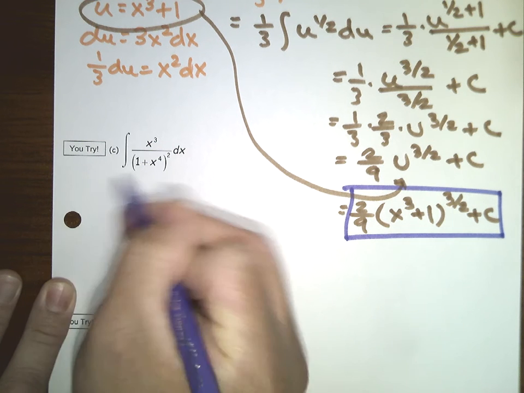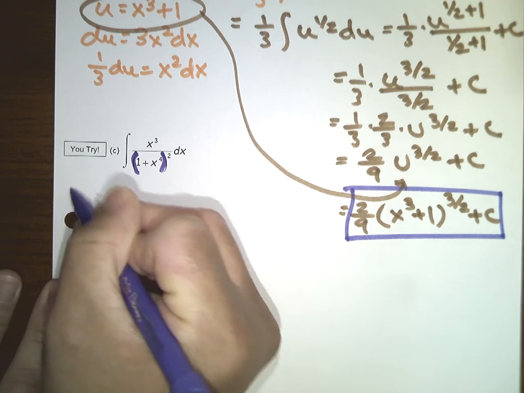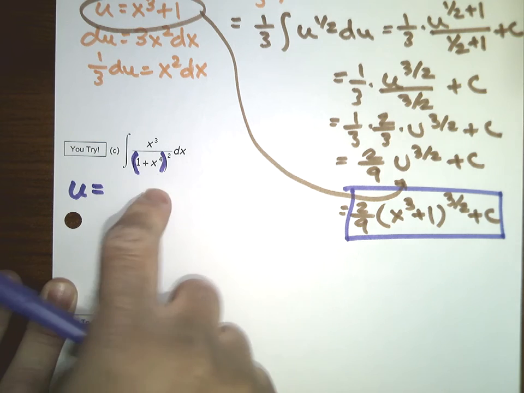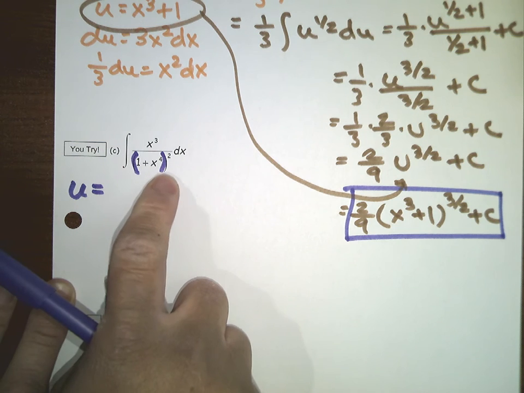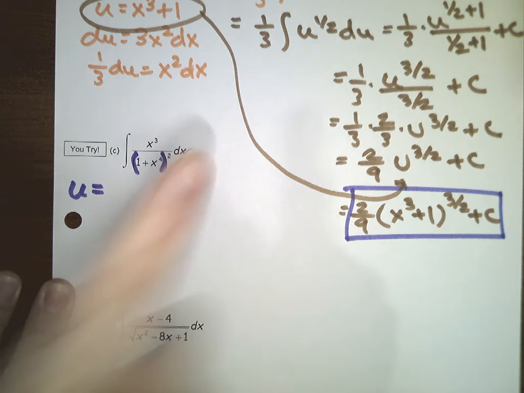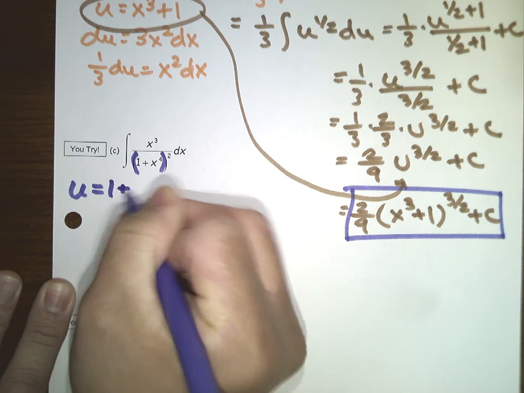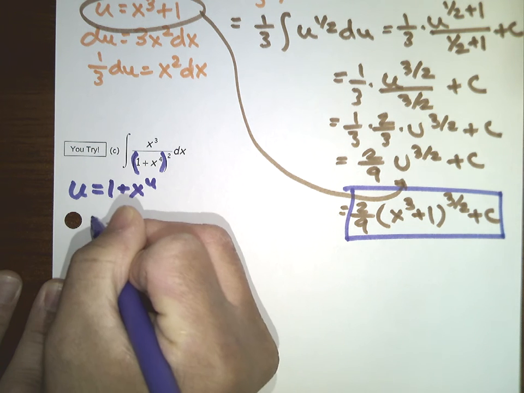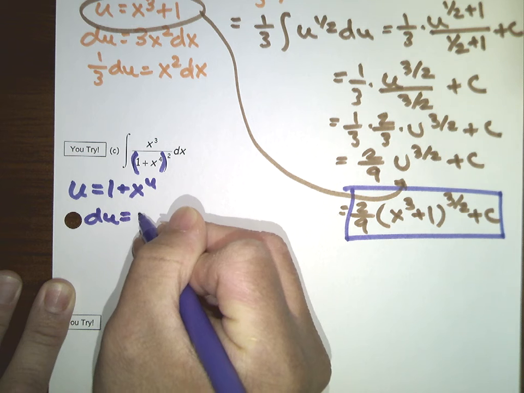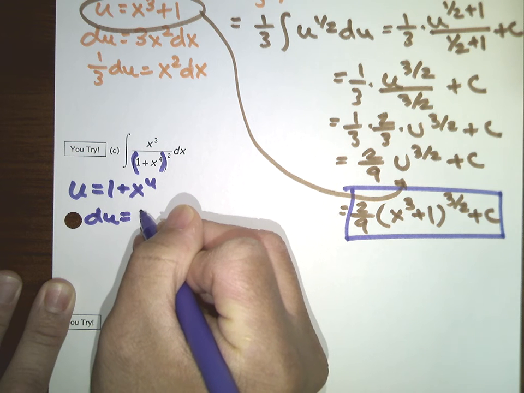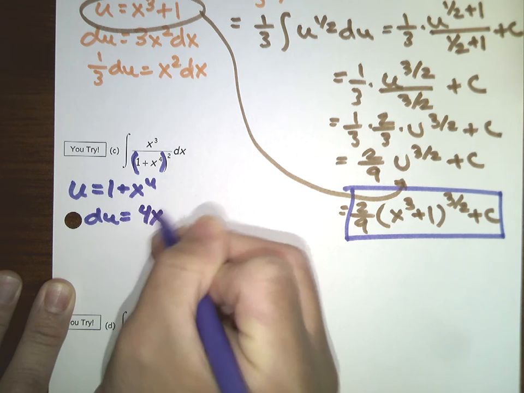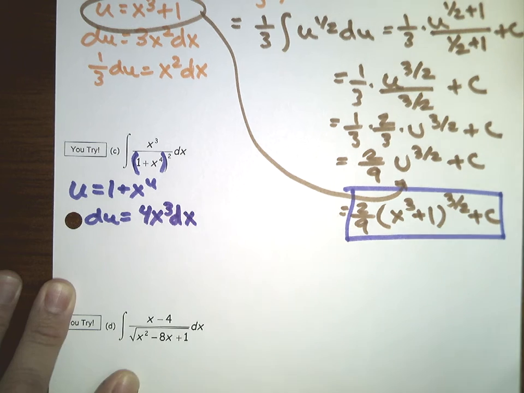So if you let u be the inside function here, usually you're looking for something to be raised to some other power or like a trig function of another function. So u would be 1 plus x to the fourth. Then the differential du is 4x to the third dx.